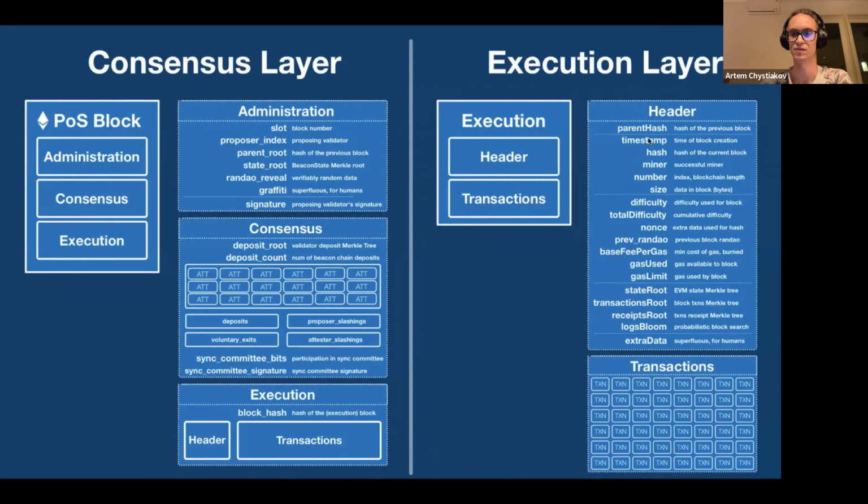Every block has the hash of the previous block, and those blocks just get stored in a regular database, and that's it. And yes, every block has a timestamp. I will talk about this in the next slide.